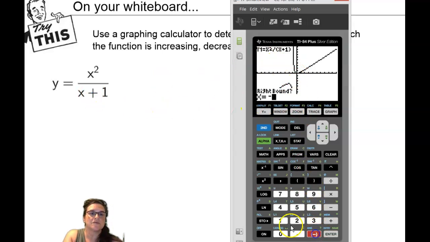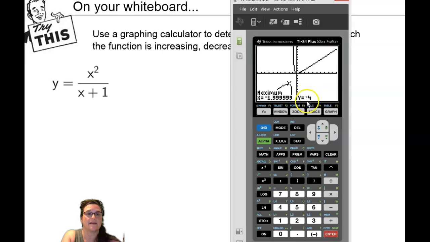So I'm going to do, say, -1.1 and press enter, and then I press enter for the guess, and there's my relative maximum of -4.